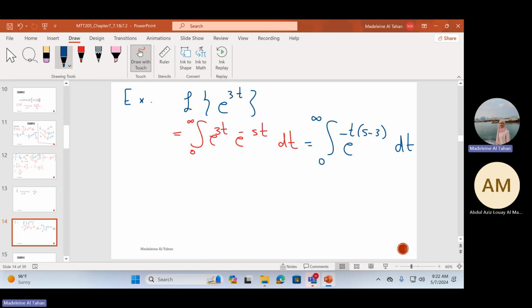What's the integral of this one again? Negative 1 over s minus 3, right? E power negative (s minus 3)t between 0 and infinity. Do we agree, Miss? Minus 3 is constant.